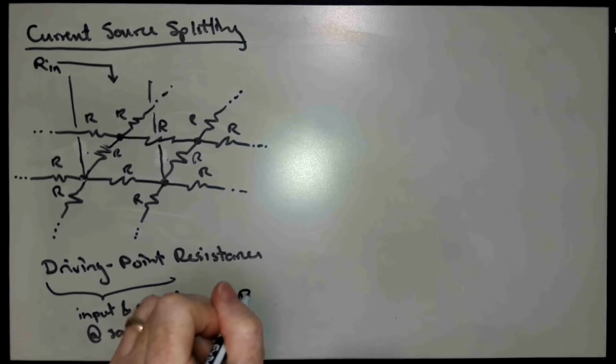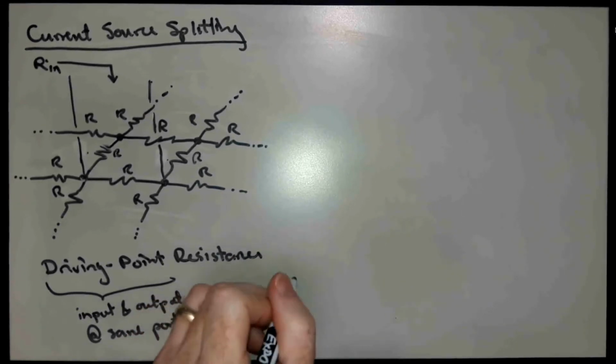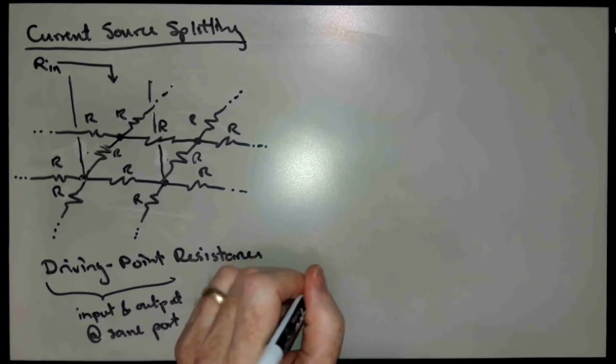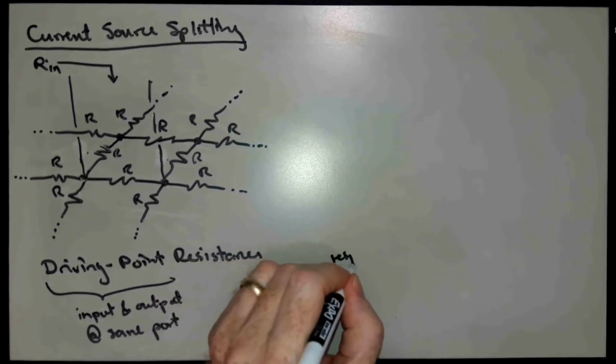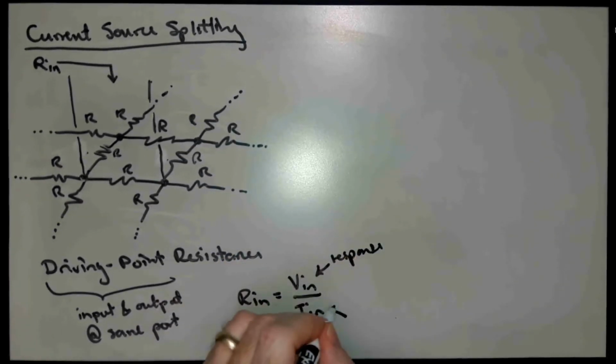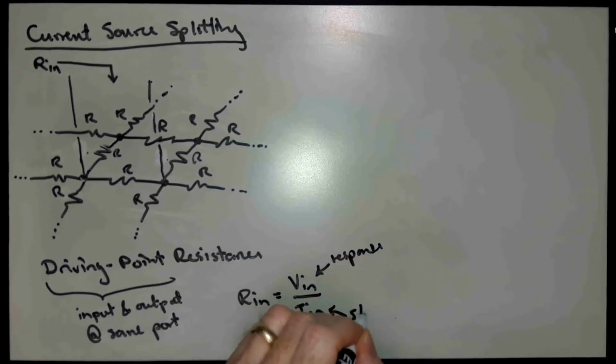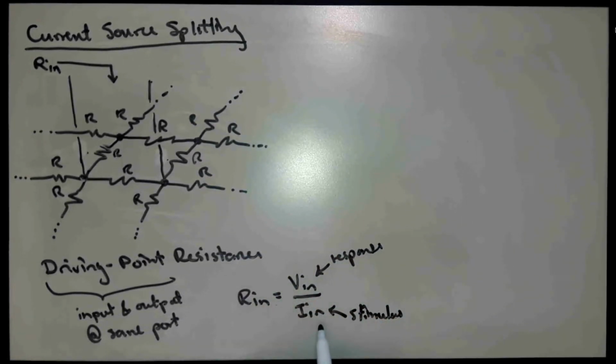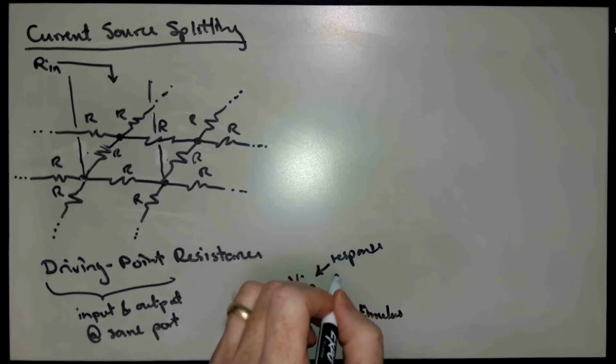And Rn is basically a Vn over an In, and this is the response, and this is the stimulus. So the thing in the denominator is the input, and the thing in the numerator is the output in an arrangement like this.